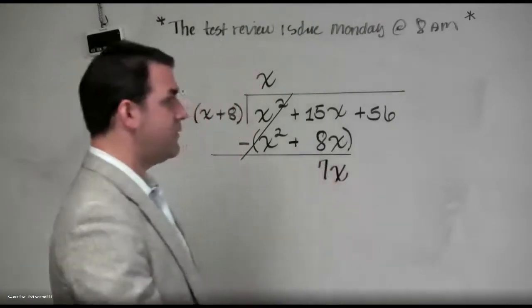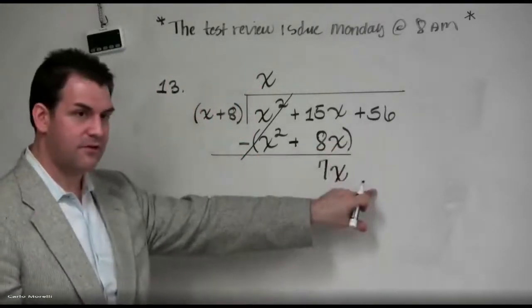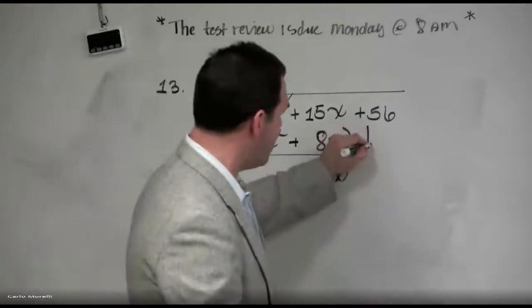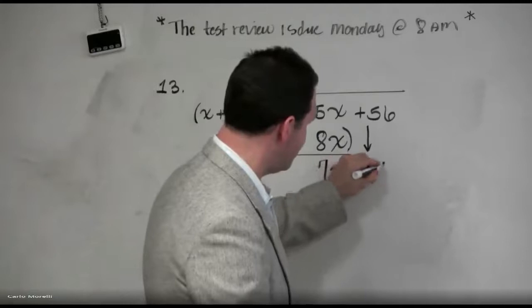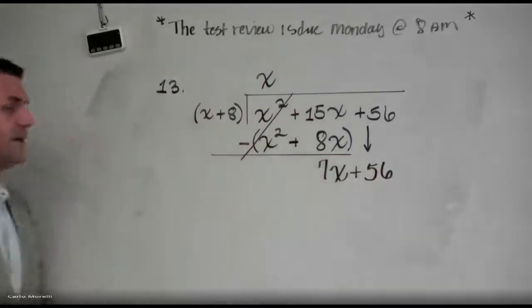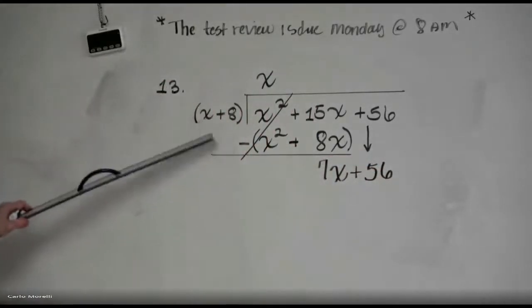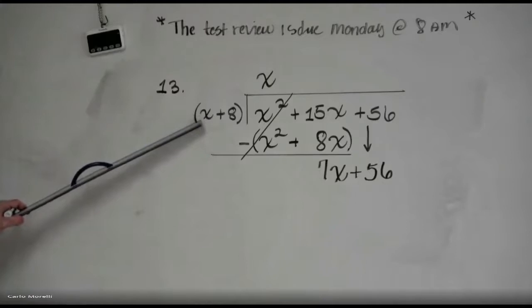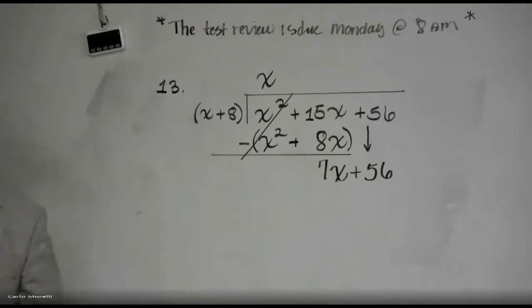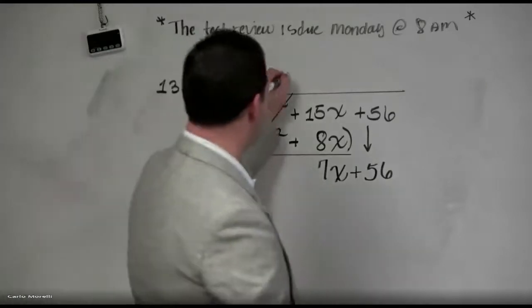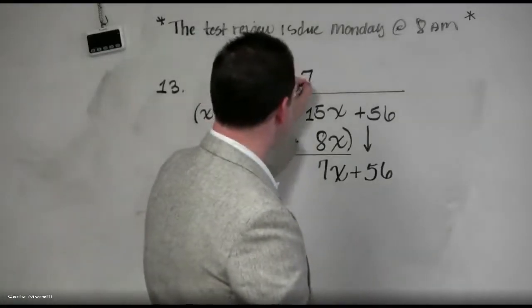And now, just like in regular division, we bring down the next term. So I'm bringing down plus 56. Okay? Now, here's the question. What do I need to multiply by x to make 7x? 7. So we're going to write plus 7.